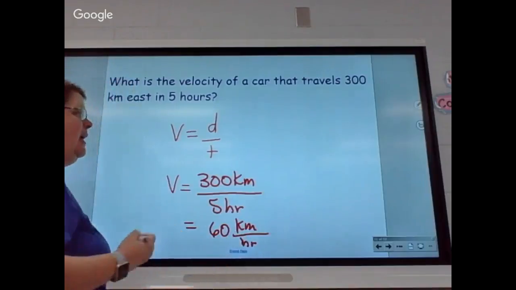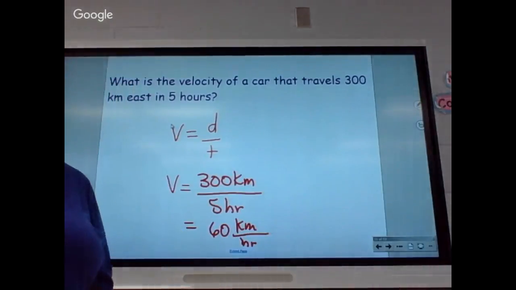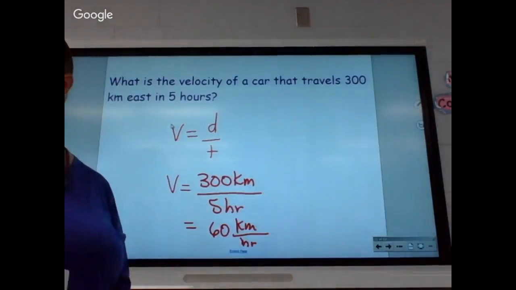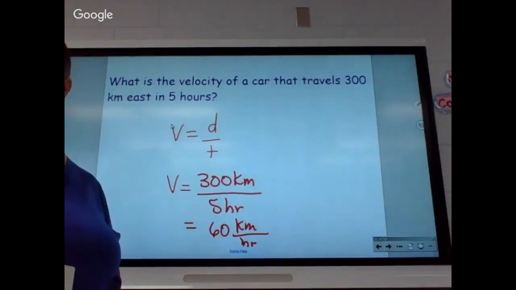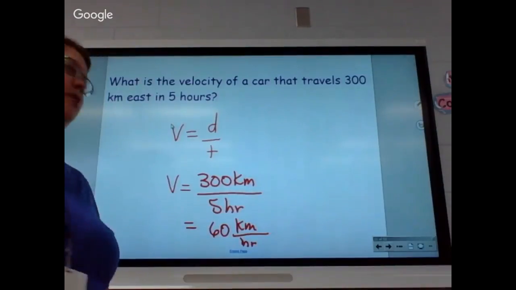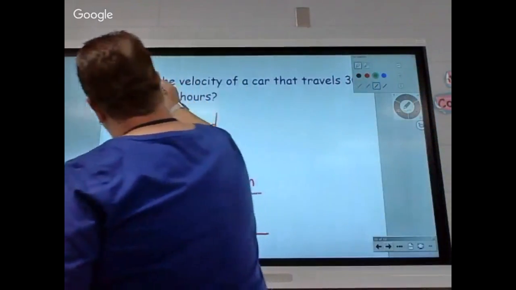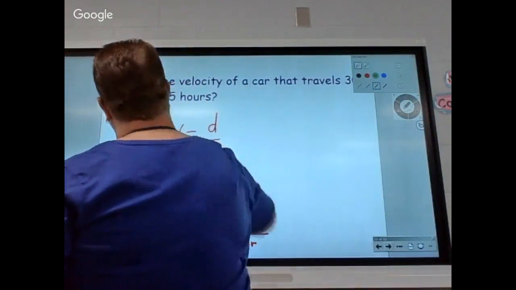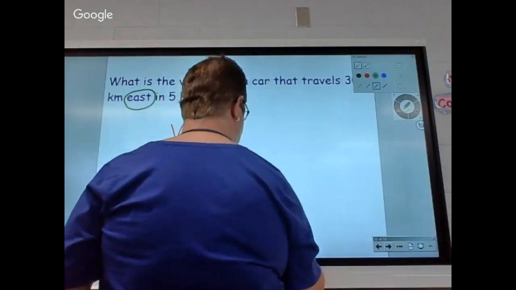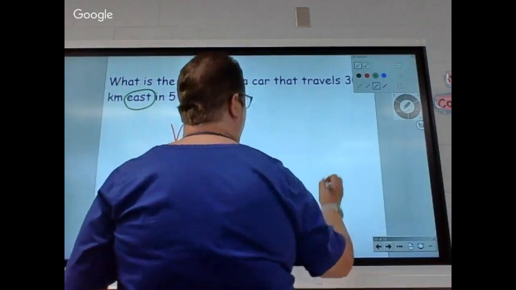Now, when we write that answer, that's a speed. So what makes it a velocity? What did we say velocity had to have when we started this discussion? Direction. So look at your question. See how it says east right there? You have to write the word east on the answer.